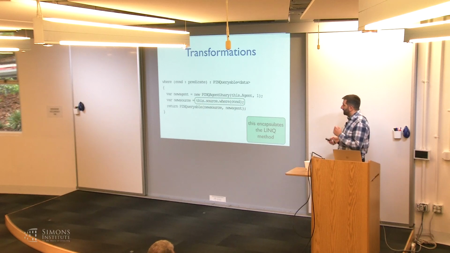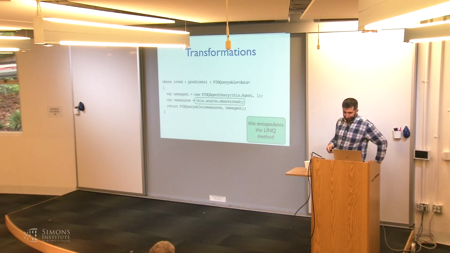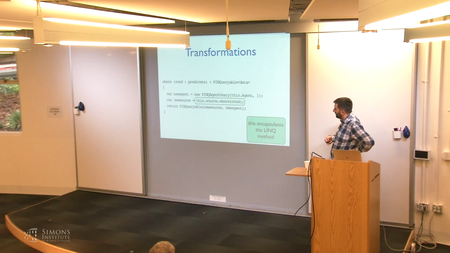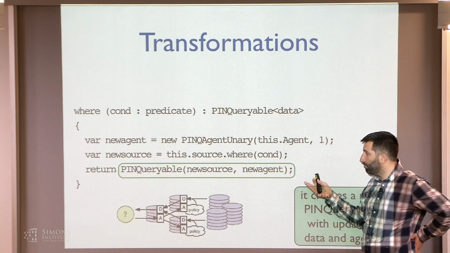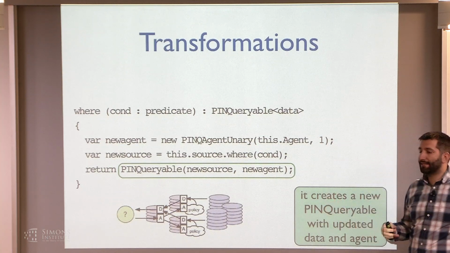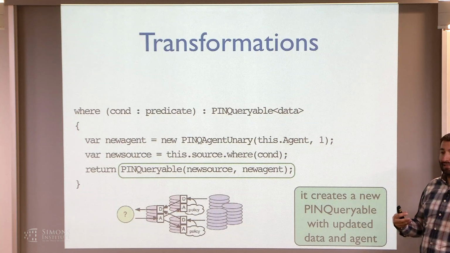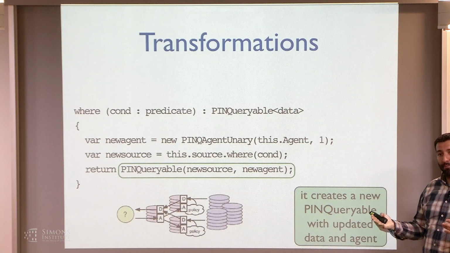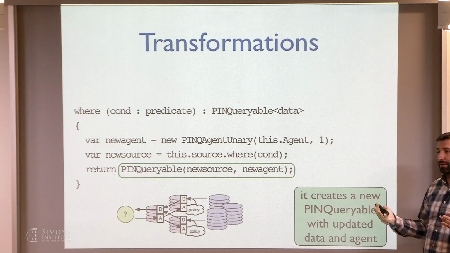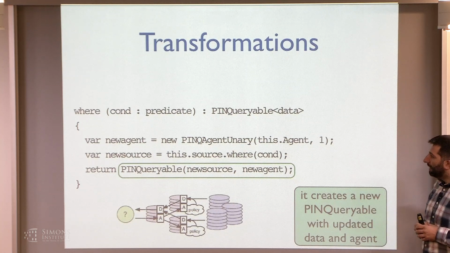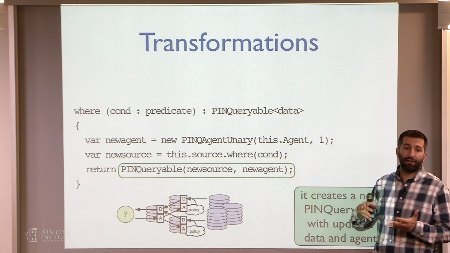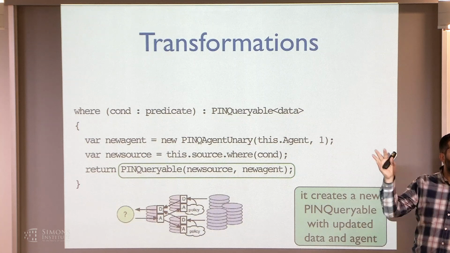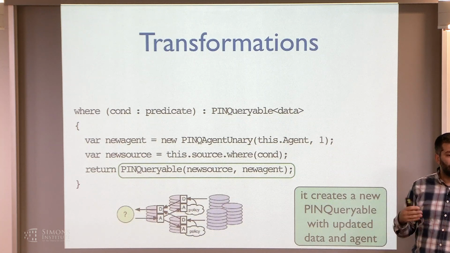So it's an encapsulation of this kind of primitive. What the PINQ implementation does is to create a new PINQueryable object that has the data and the budget and manages the tracking of the budget, and it creates a new one with new data, mainly with the new table from which we filter out the previous elements.